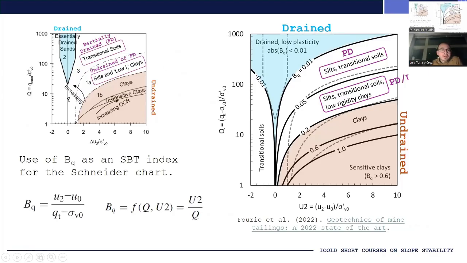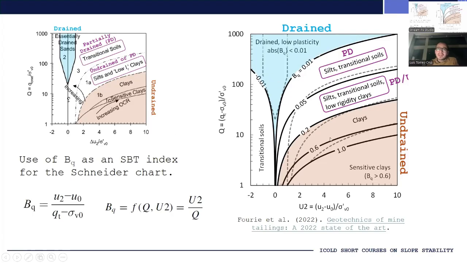And based on that chart, which I'm still showing over here, in 2022 we proposed a small modification to this chart so as to model these boundaries by contours of the parameter BQ. The parameter BQ is defined right here, and it is essentially the excess pore water pressure normalized by the tip resistance.